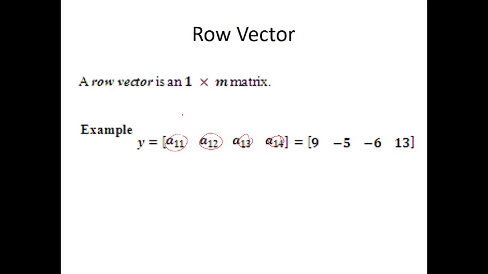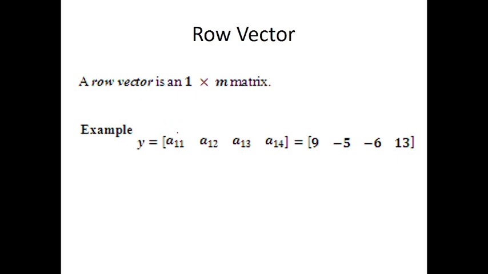These elements are in the first row, and since there is only one row, we consider it a vector, specifically a row vector because it has a single row.